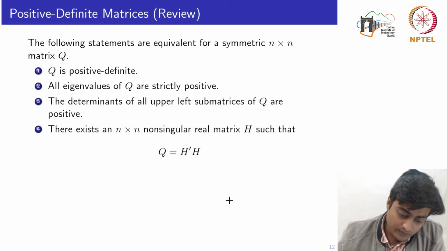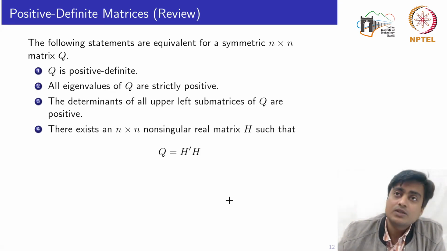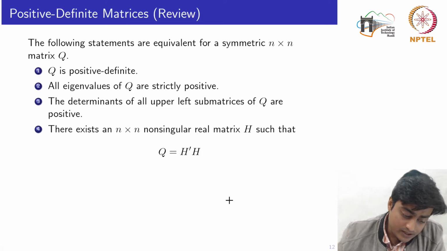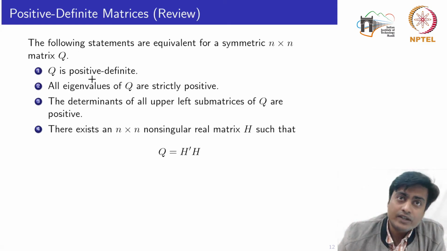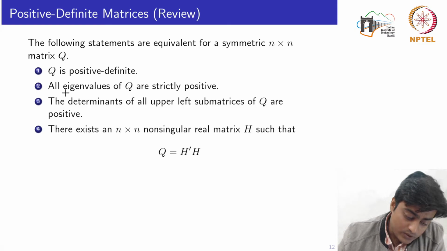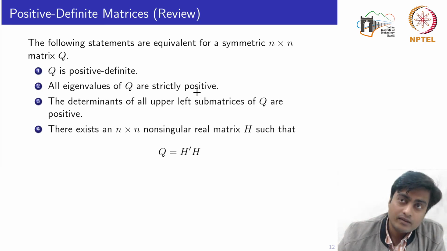So this is one of the important results with respect to positive definite matrices. The following statements are equivalent for a symmetric square matrix Q of dimension n: Q is a positive definite matrix, which is equivalent to saying that all eigenvalues of that matrix are strictly positive. If Q is negative definite, then all eigenvalues of that matrix are strictly negative, right?